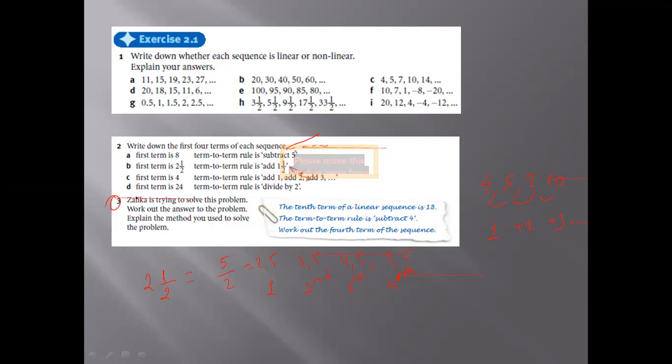So, the third exercise. Zalika is trying to solve this problem. Work out the answer to the problem. Explain the methods you used to solve the problem. The tenth term of the linear sequence is 18. It's a linear sequence.